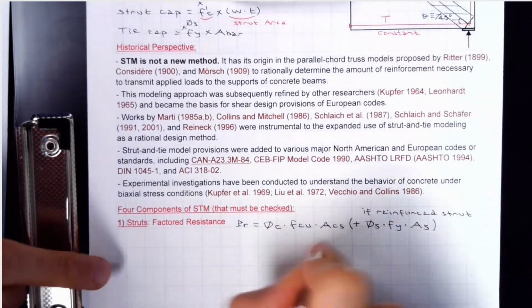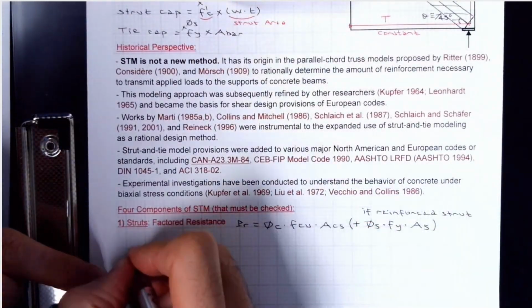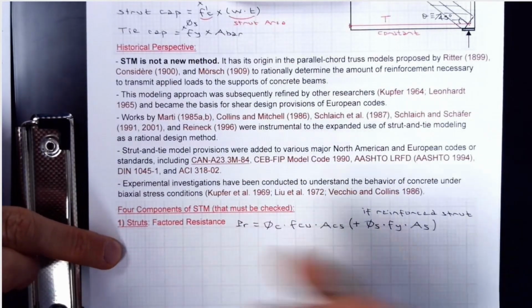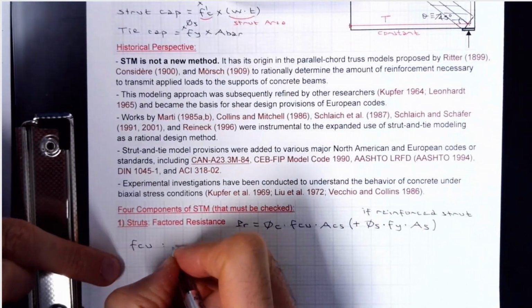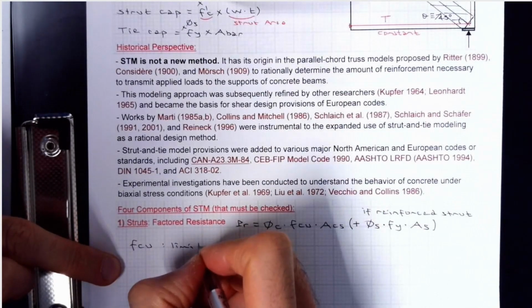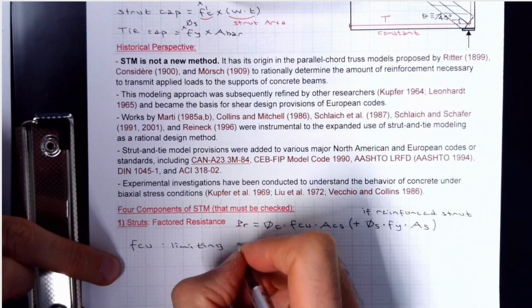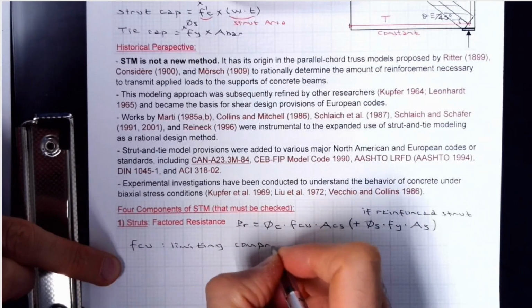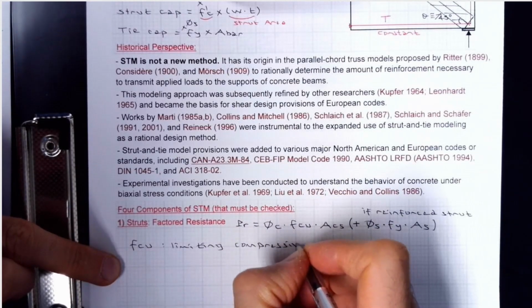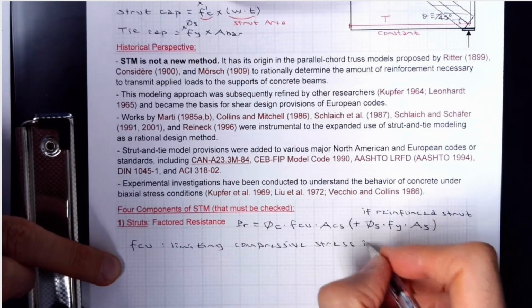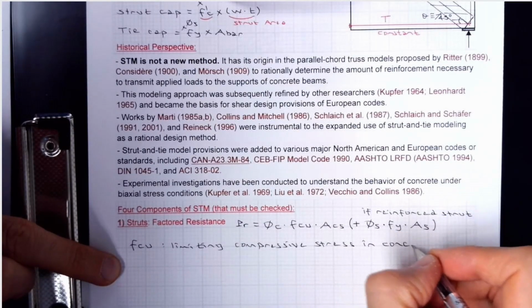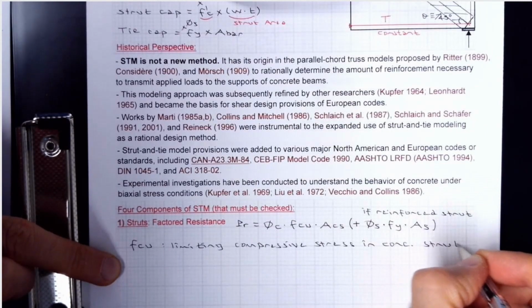But normally you have this situation. Here, phi c, you know, it's based on the code. Fcu would be the limiting stress in concrete. Of course, in concrete strut, we are talking about strut.